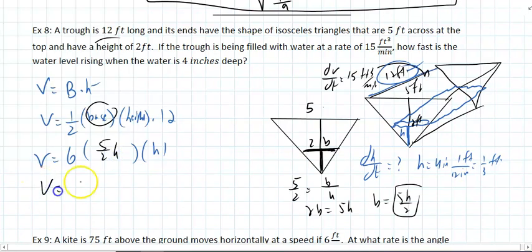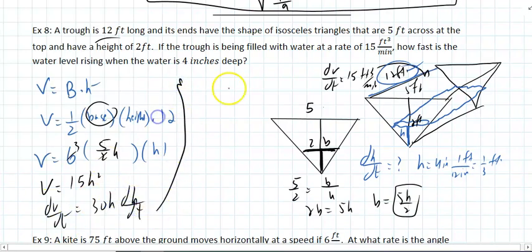Once you get that, the volume is 15h squared. From here on, it's really simple. dV/dt is 30h dh/dt, and there's nothing to it. dV/dt is 15, that's given. They said when the height was 4 inches, we said that's 1/3 of a foot, so 30 times 1/3 is 10.